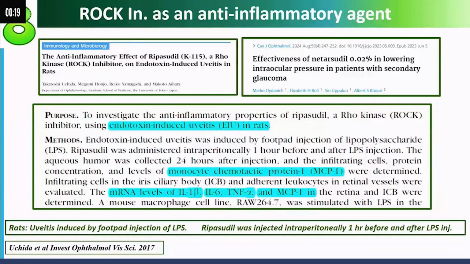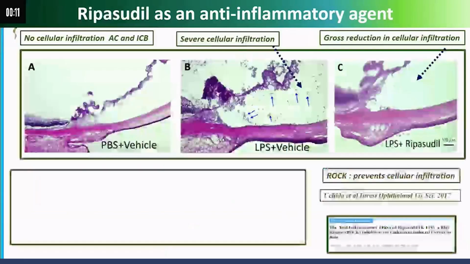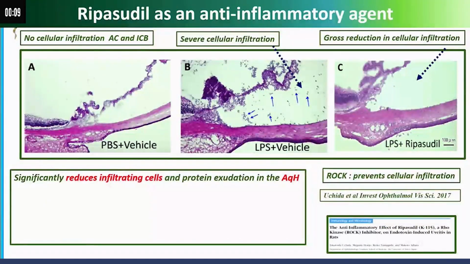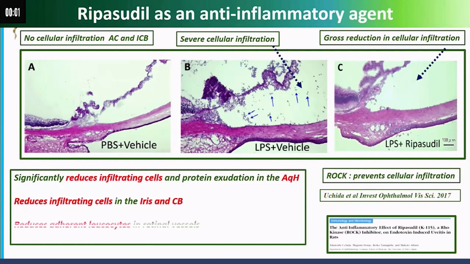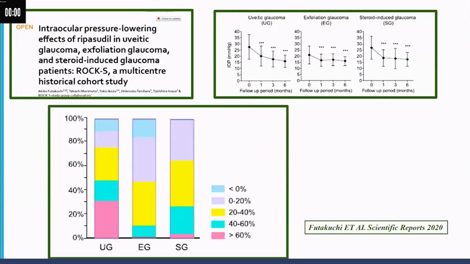Another very interesting thing, ROCK inhibitors as anti-inflammatory agents. In this study, uveitis was induced in the foot pad of rats, and they used ROCK inhibitors, and they found that ROCK inhibitors significantly reduce the infiltrating cells and protein exudation in the aqueous humor, reduce infiltrating cells in the iris and ciliary body, and reduce adherent leukocytes in the retinal vessels.